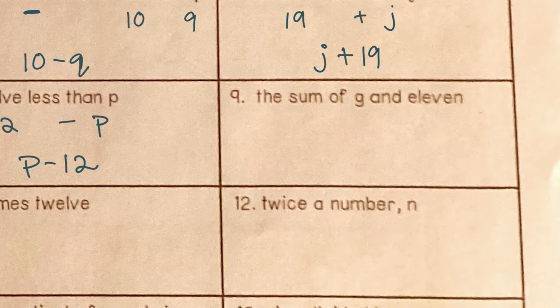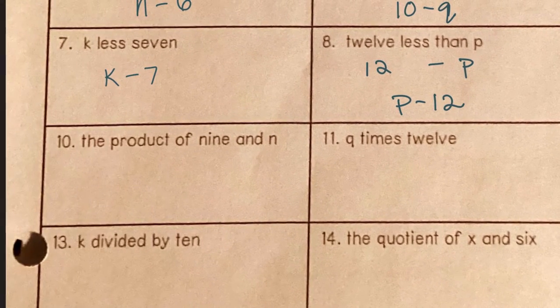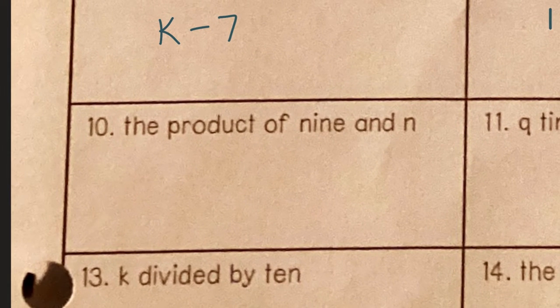Number 9, the sum of g and 11. We're talking about addition here. G and 11. So this could be g plus 11 or 11 plus g. It doesn't really matter what order you put those in. Okay, moving on to multiplication, number 10, the product of 9 and n. So therefore we are multiplying here. 9 times n, the product of 9 and n.